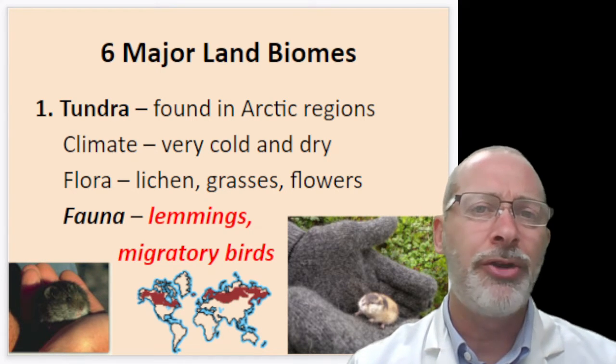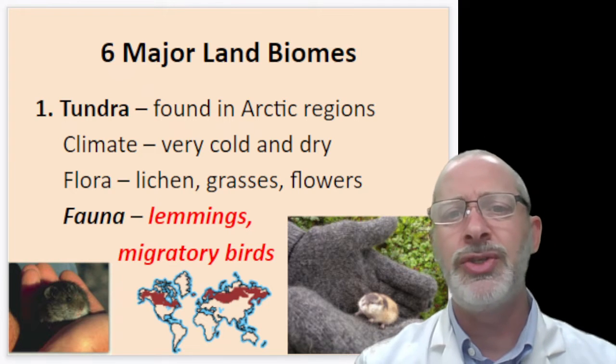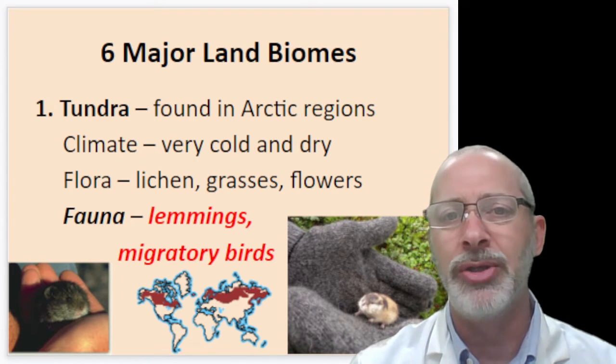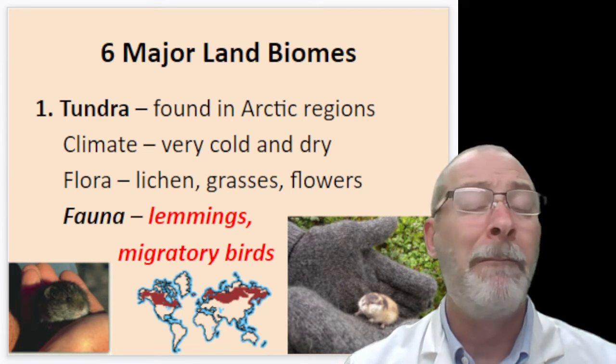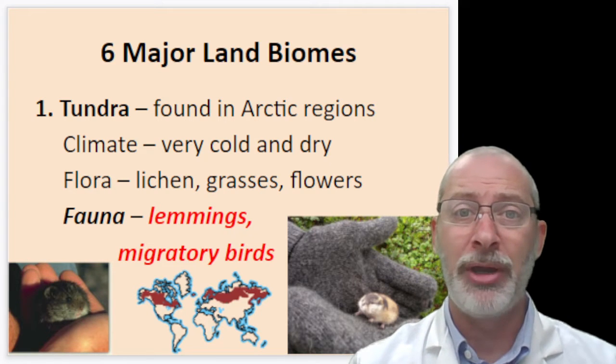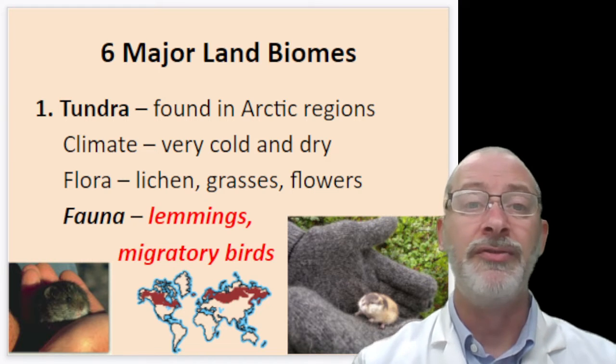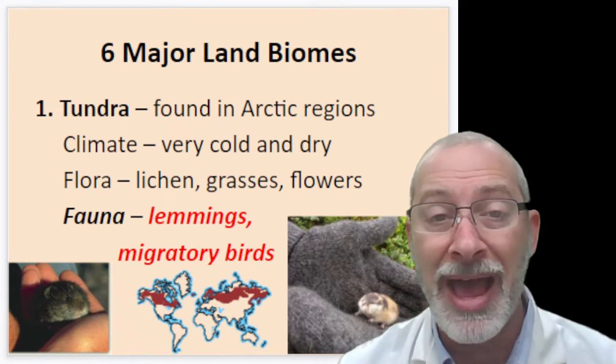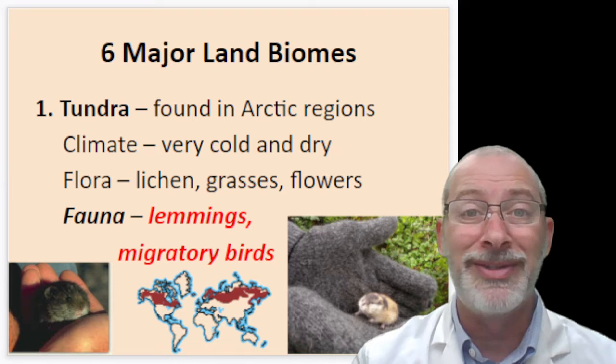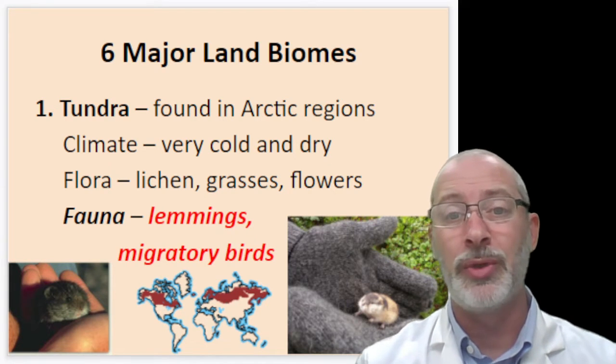And another major fauna in tundra regions are migratory birds. And when we talk about migratory birds, you may recall from earlier topics, migration involves the movement of large masses or populations of animals from one place to another.